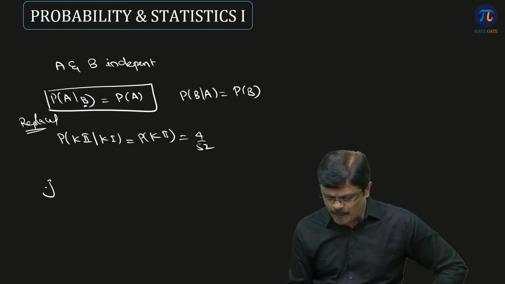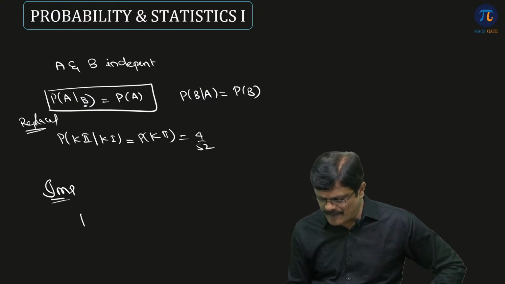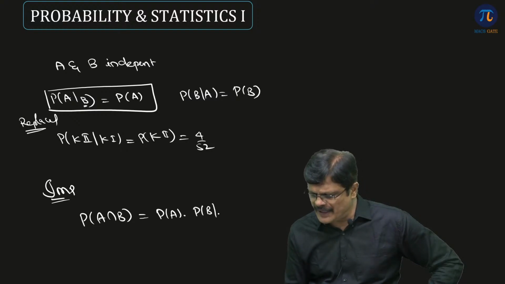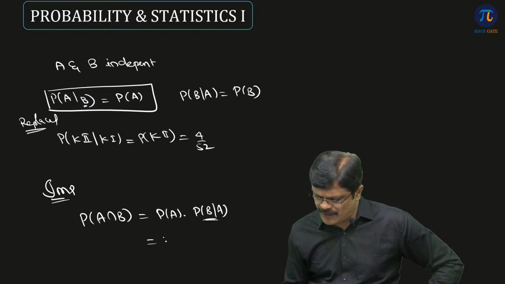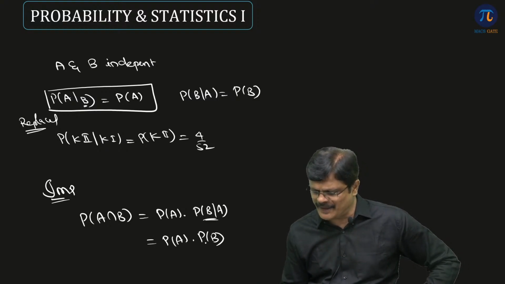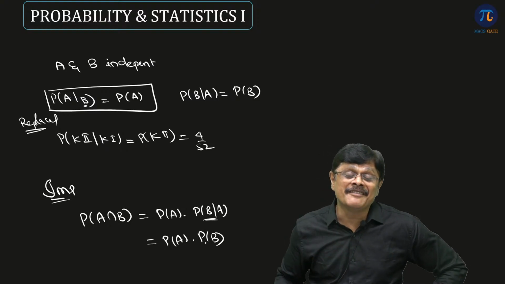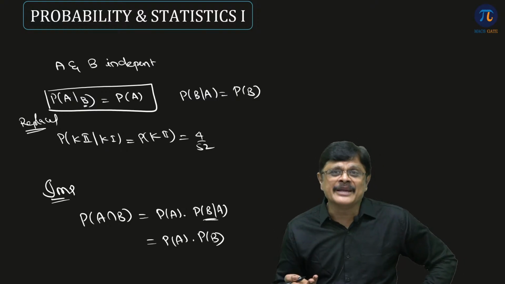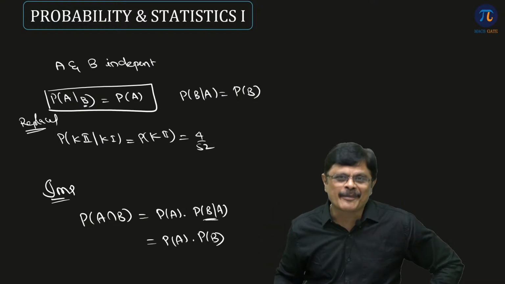And one more important thing is, what happens to the probability of A intersection B? We write it as probability of A into probability of B given A. But what is the probability of B given A when the events are independent? It is simply the probability of B. So whenever the events are independent, the probability of A and B is simply the product of their probabilities.